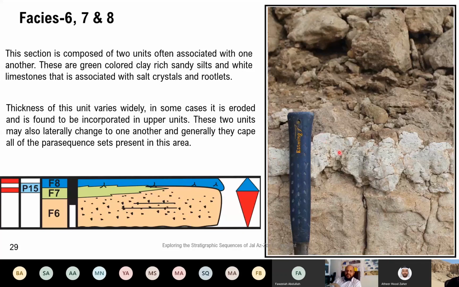However, we have done extensive work, and we have a paper that hopefully we are writing currently and will get published in one of the international journals, where we have done a lot of detailed work and we have concluded that these layers that we see here are basically microbialites. In the paper that Ali will share with you and Dathir will share with you later, we can see these are described as thrombolites. So if you're interested, you could go and read more about thrombolites and microbialites that have been identified in Jal Az-Zor.